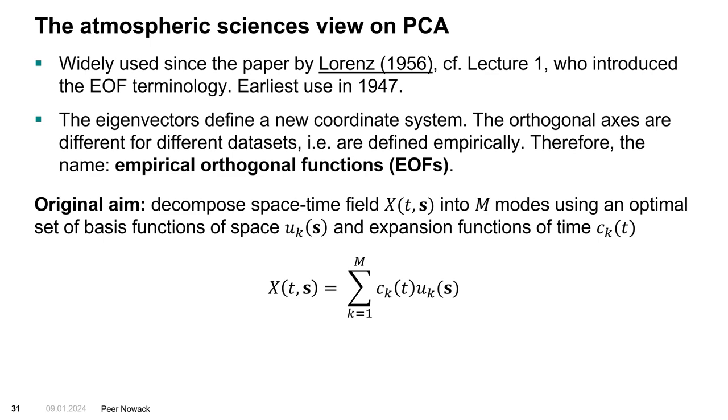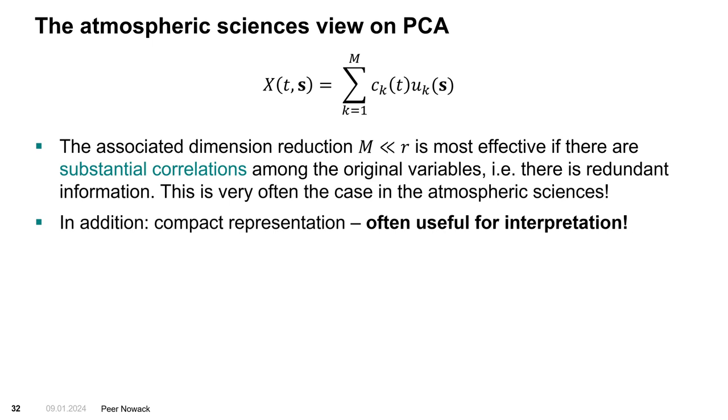So the original idea: could we decompose the complex high-dimensional data structure, especially in space, into a series of optimal basis functions, this transformation and expansion as functions of time, here written in a sum notation. If you don't like the sum notation, it's just given for orientation. You can fully focus on the matrix formulations that I will use later on. But this was the original idea.